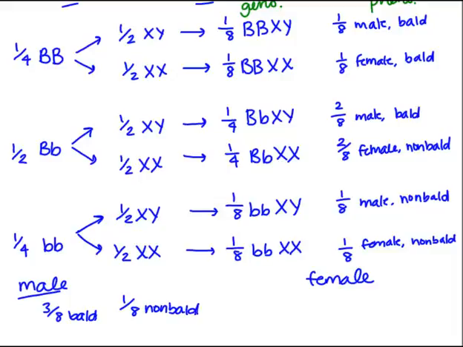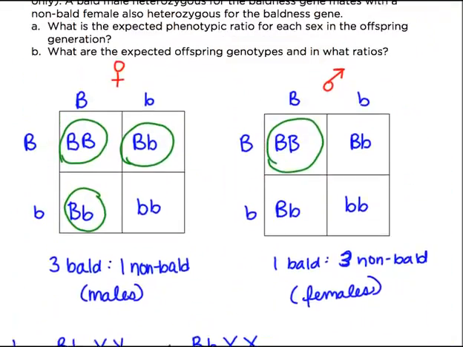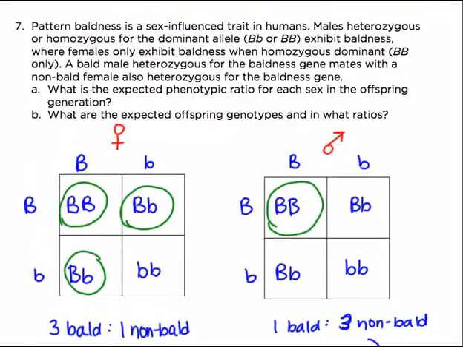And for females, you have 1/8 bald and then 2/8 plus 1/8 non-bald, so that's 3/8 non-bald. So that definitely corresponds with part A and shows that we did do it right. So it's 3-to-1 bald to non-bald in males and 1-to-3 bald to non-bald in females. So that answers the question on the sex-influenced trait in humans.